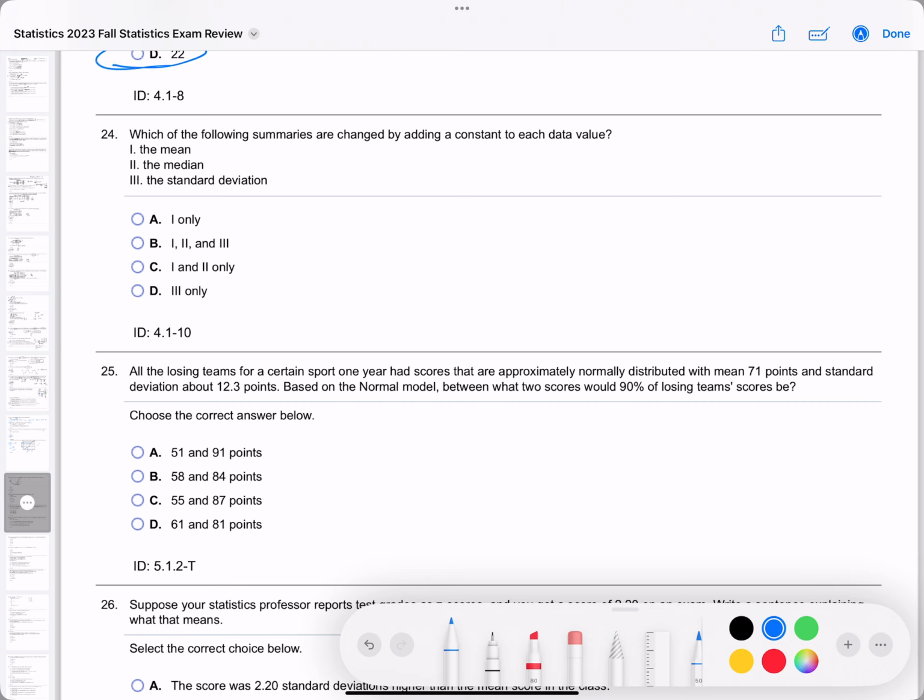Which of the following summarizes changing data by adding a constant? When you add a constant, the only things that change are the mean and the median, not the standard deviation. If I have 1, 2, 3 as my data, that's the mean, and that's also the median in this case. The standard deviation is approximately 0.8, and that's the average distance from the mean.